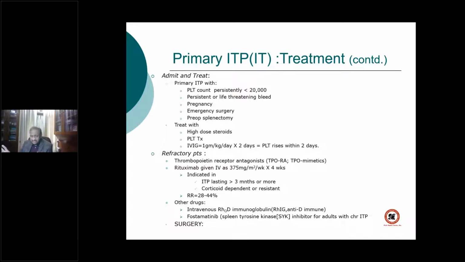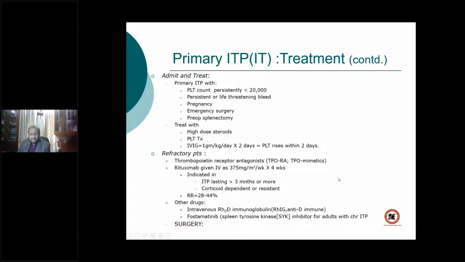In the dependent case, the patient has responded to steroid, and the moment you stop the steroid, the platelet count goes down. So he's a corticosteroid dependent patient. Or resistant, where you're using higher and higher doses of steroid, and still the patient does not show any kind of response. So in these cases, you should not continue with steroid. You should shift to rituximab, and that dose I've written out there, and response rate is 28 to 44% in these patients, which is not a very bad response rate.